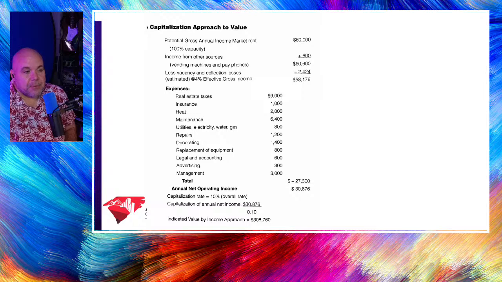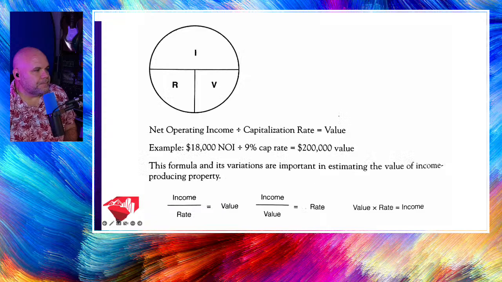Cash flow divided by original investment equals equity rate of return, and net operating income divided by market value equals the cap rate. Here's IRV, I over RV.